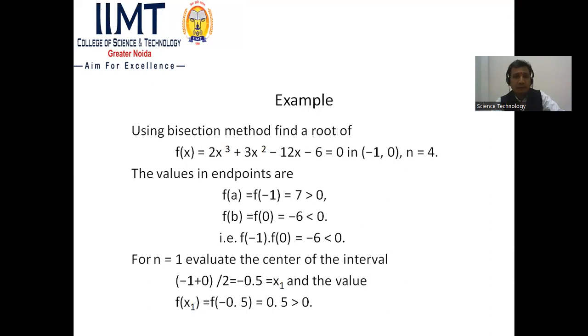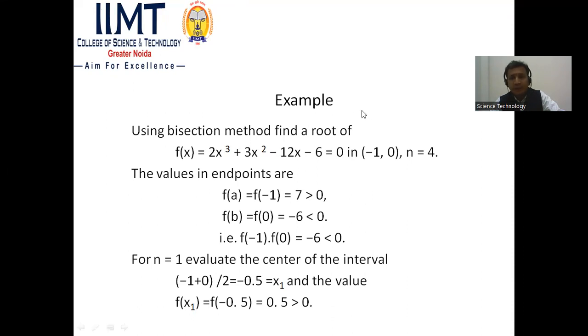Here is one example of how we solve a problem using this bisection method. The question says, using bisection method, find the root of the function 2x cube plus 3x square minus 12x minus 6 equal to 0.